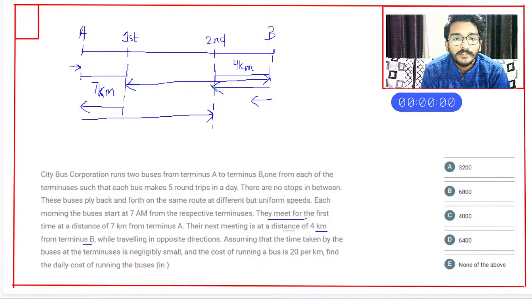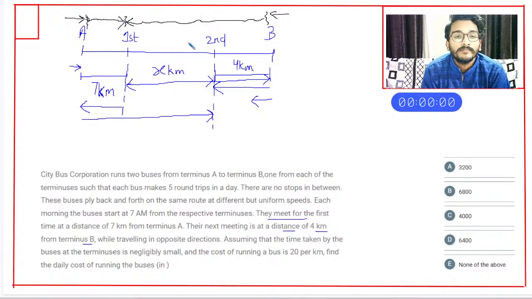So let's assume the distance between these two meetings is x kilometers. Now, the fundamental here is whenever two bodies meet, we have to balance. We can say the time taken for the meeting is always the same. If I say the first bus is coming from here and the second is from here, whatever time the first has taken to cover this particular distance, the same time has to be taken by the second bus to cover the rest.